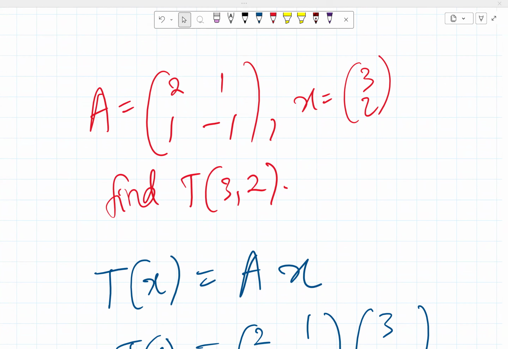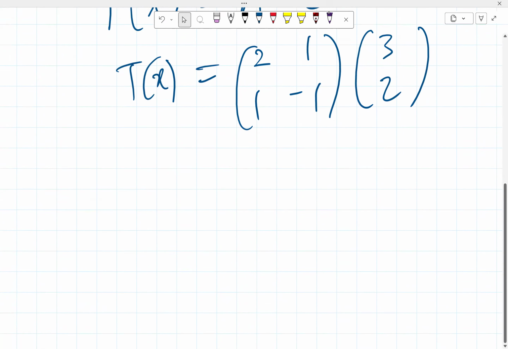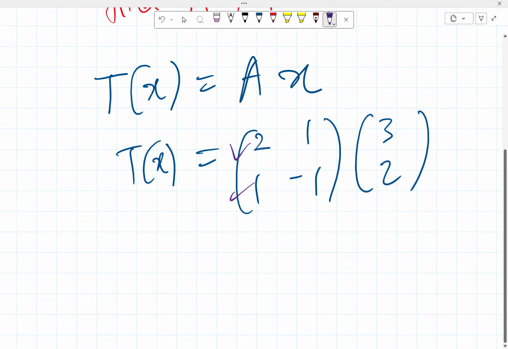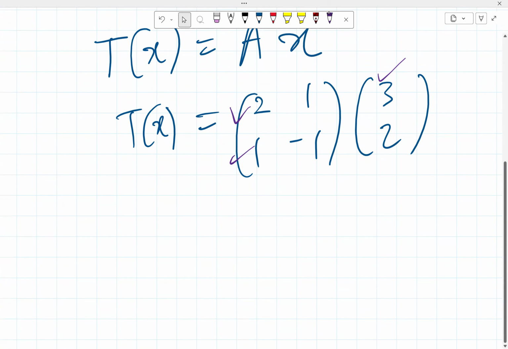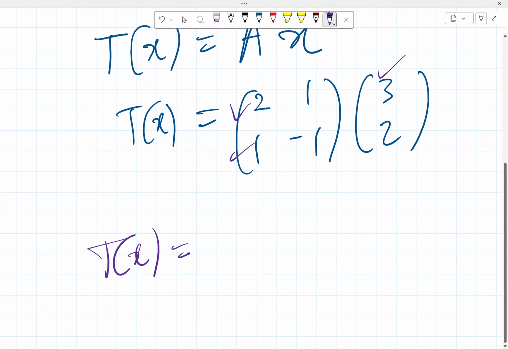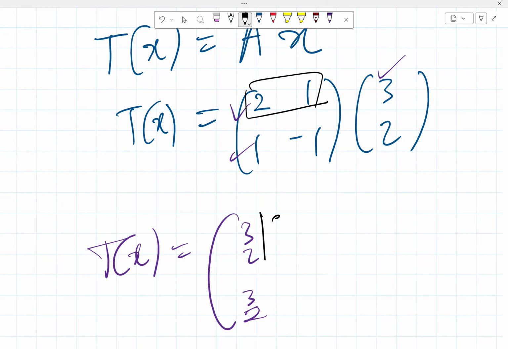In the first matrix, we have 2 rows. So that means we're going to write this column twice. So T of X is equal to 3, 2, 3, 2. Then you put this first row 2, 1 over the top, then the second row, 1, minus 1, over this.